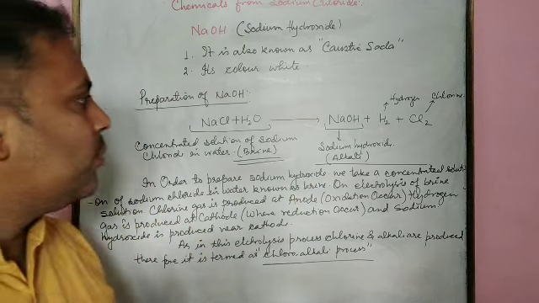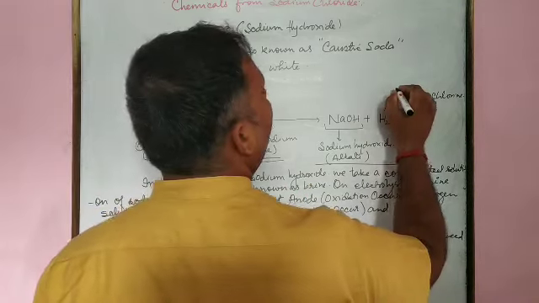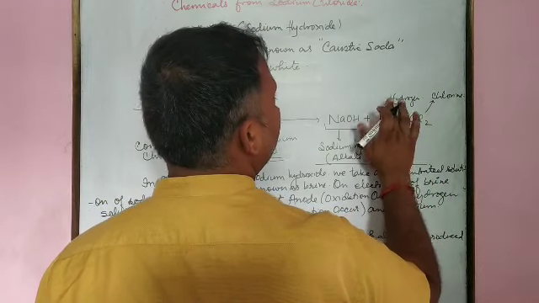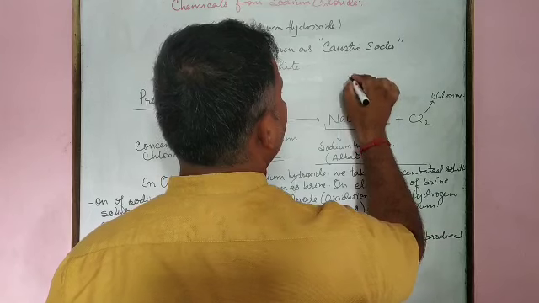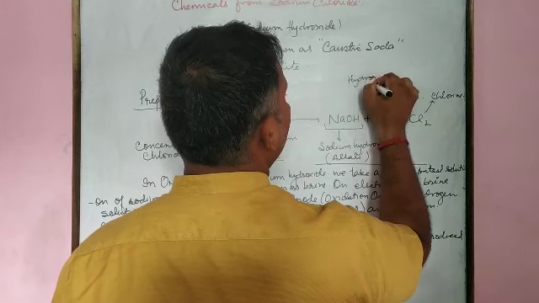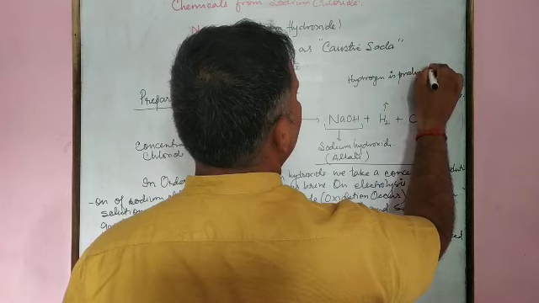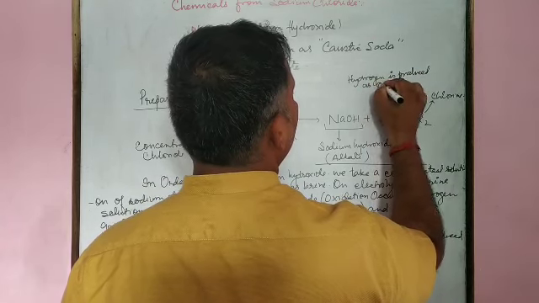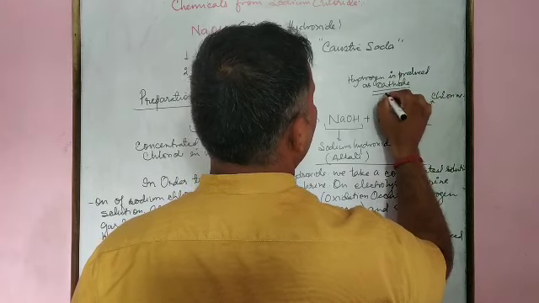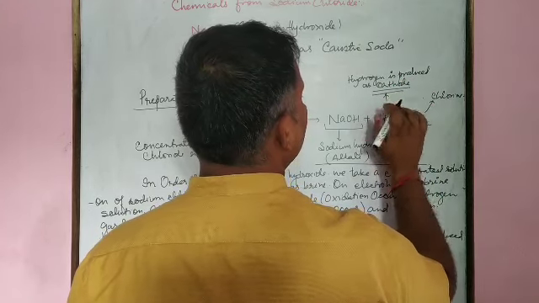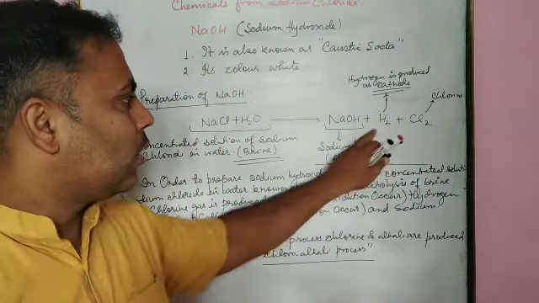On electrolysis of brine, hydrogen is produced at the cathode, where reduction occurs.